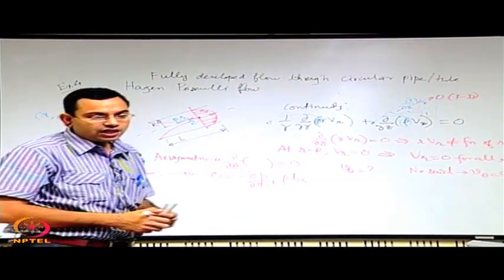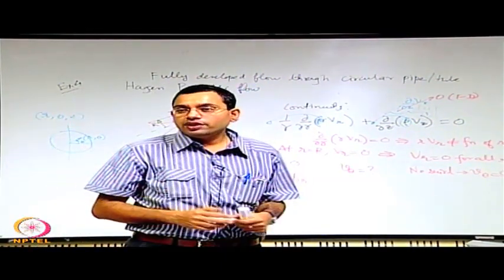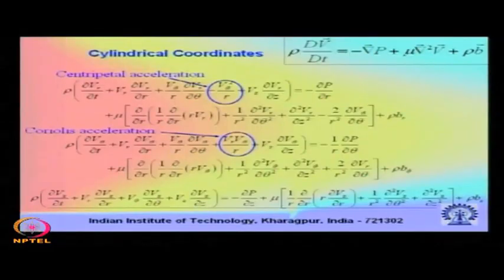Now we come to the Z momentum equation, which is going to be the most important equation for our velocity profile solution, because our velocity profile is Vz. So look into the terms, the last equation in the slide. The first term, the unsteady term, is 0. The next term has Vr, so that is 0. The third term has Vθ, that is 0.